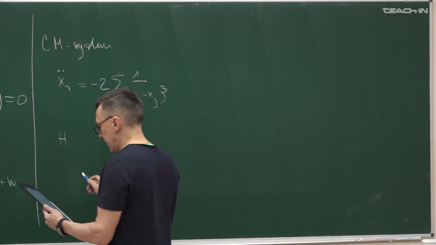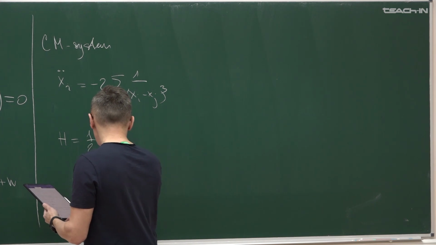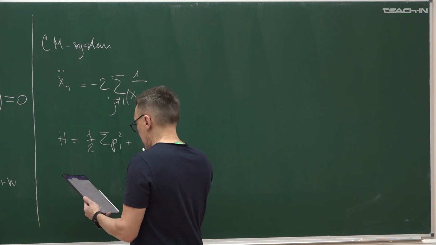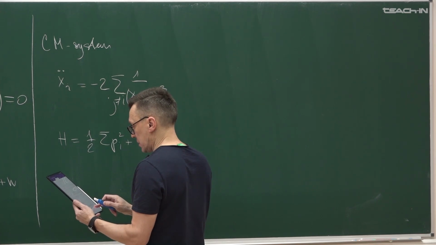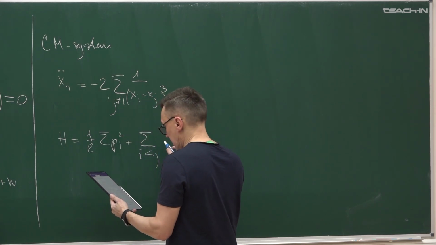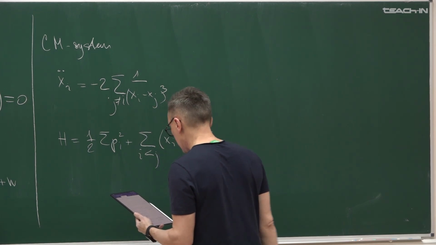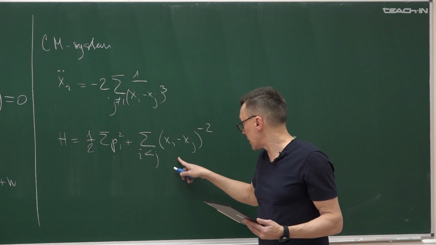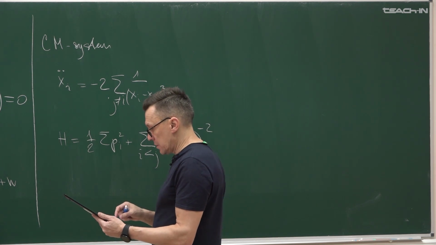And this system is Hamiltonian with the following Hamiltonian: a sum of p_i squared plus a sum over pairs of 1 over (x_i minus x_j) squared. Okay, I will use the following normalization, with the canonical bracket between momenta and positions of particles, and it has a Lax representation.